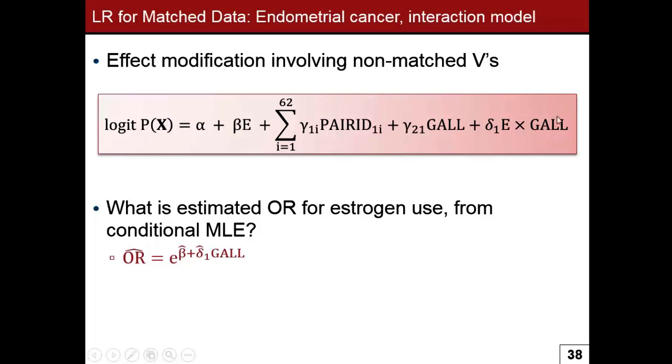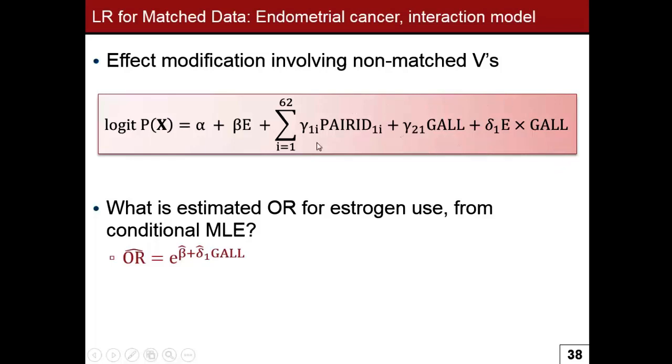We have delta 1 times exposure times gallbladder status now in the model. I'm showing a different model with effect modification, how things change. If we consider exposure and gallbladder disease status, we can now make our usual kind of odds ratio expression, e to the beta hat plus delta 1 times gall. Notice we extended our usual model.